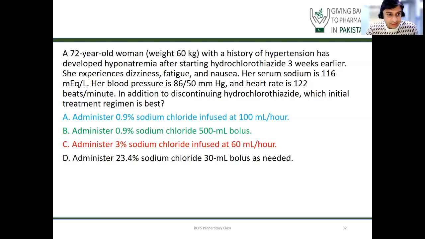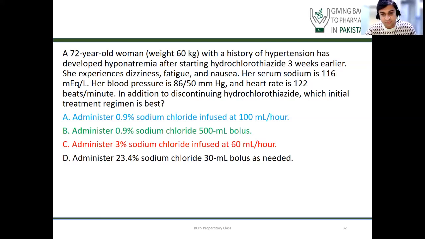When we look at the case, as we discussed earlier, patients who have signs and symptoms of intravascular volume depletion should always be resuscitated with fluids, and the intravascular volume depletion should be corrected first.